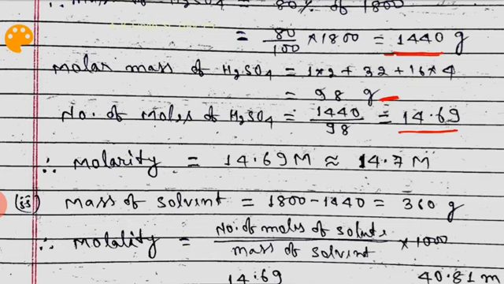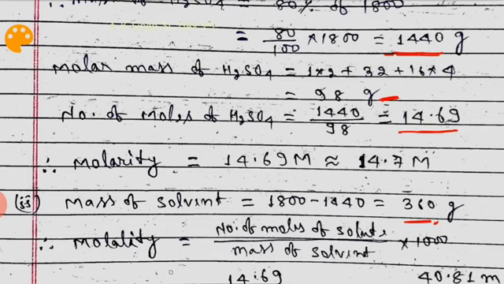Now next question from that solution. Mass of solvent is equal to 1800 minus 1440, which is 360 gram. Means only 360 gram water is present in solution. How much solution? 1800 gram solution consists of only 360 gram of water.